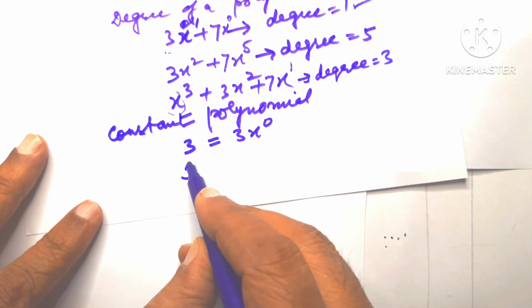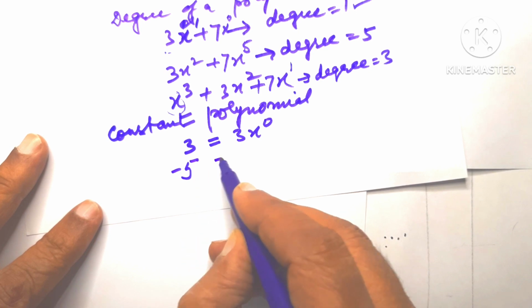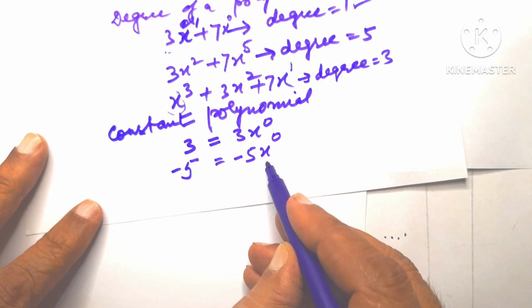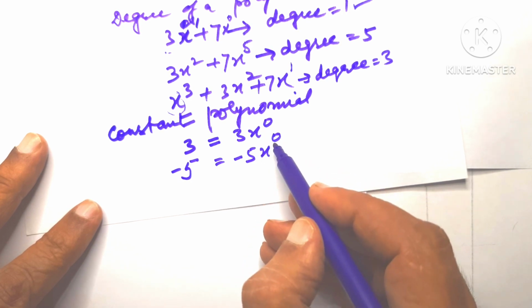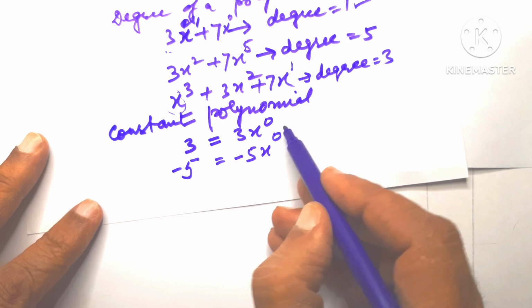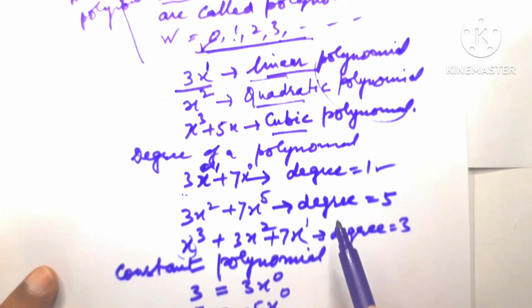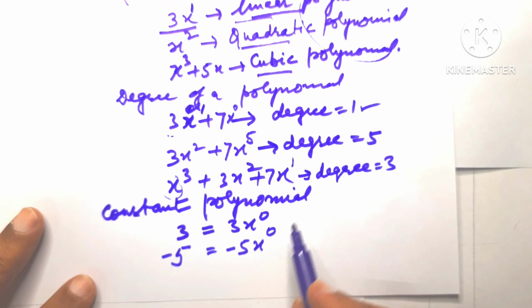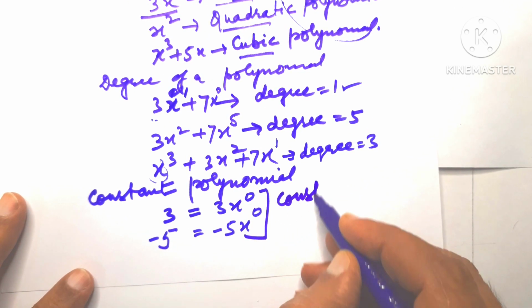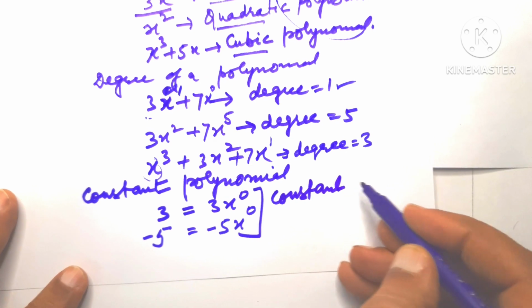Suppose I am writing minus 5, which is equal to minus 5x to the power 0. Again a polynomial, because the exponent of the variable is 0, which is a whole number. Therefore this is a polynomial, but this type of polynomial is called a constant polynomial.